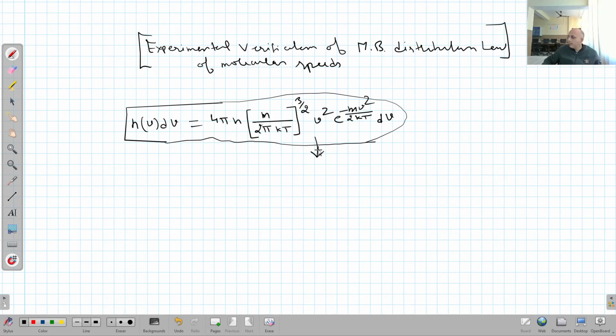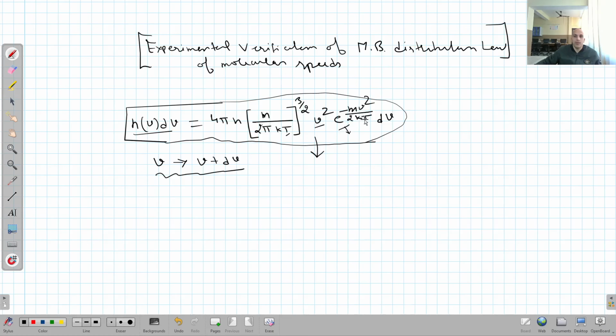Now we are going to discuss an experiment that verifies this equation, right. This equation basically tells us about the number of gas molecules that have velocity in the range of v to v plus dv. Clear? Here there are different factors on which this value depends. Mainly it depends upon temperature, velocity, and this exponential factor.